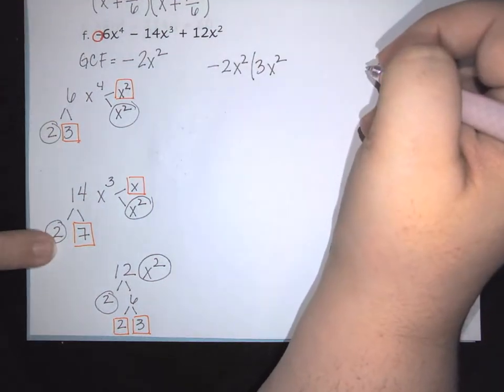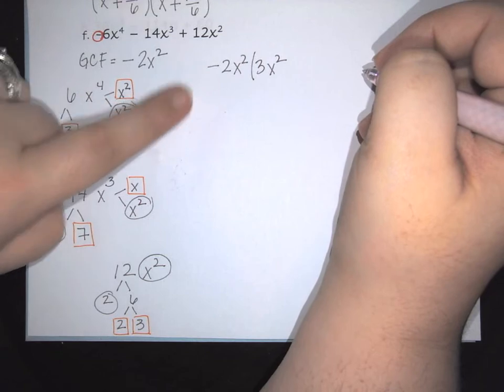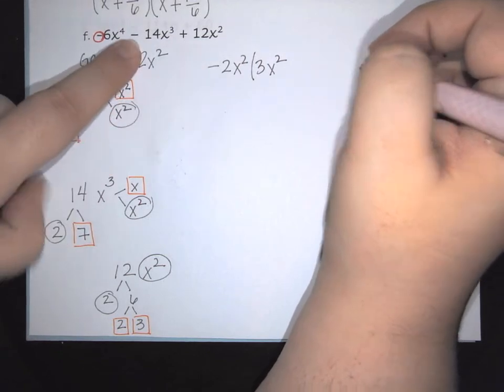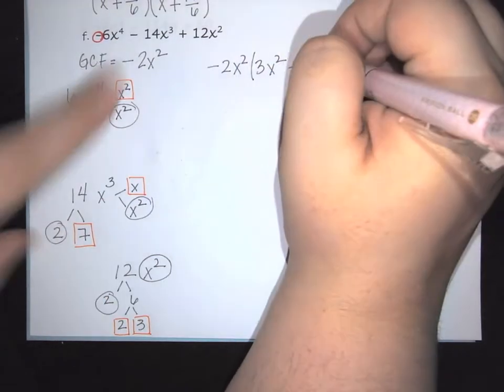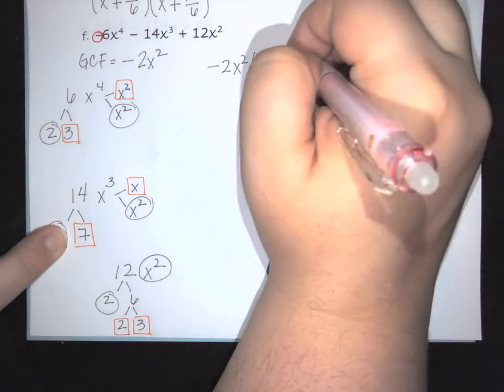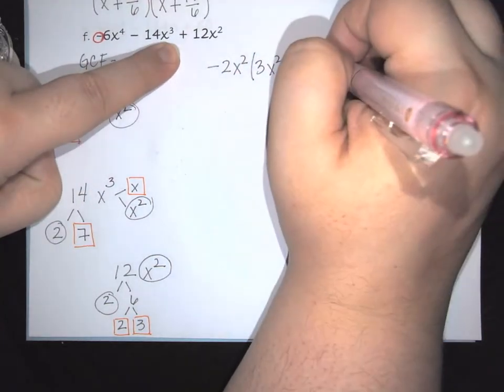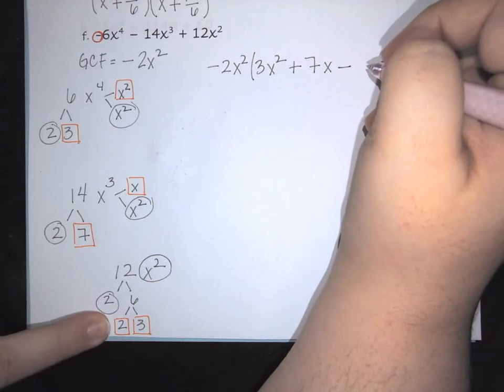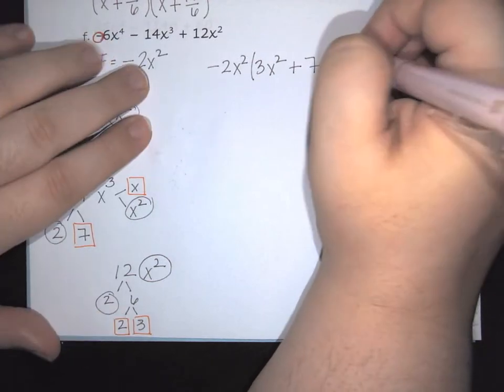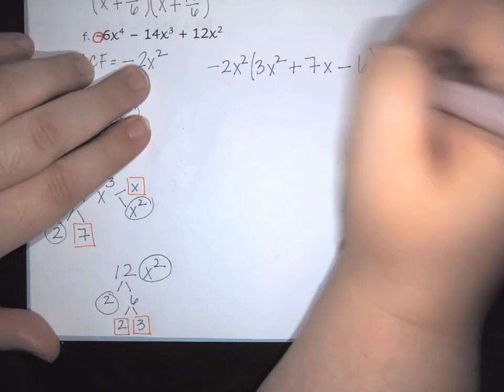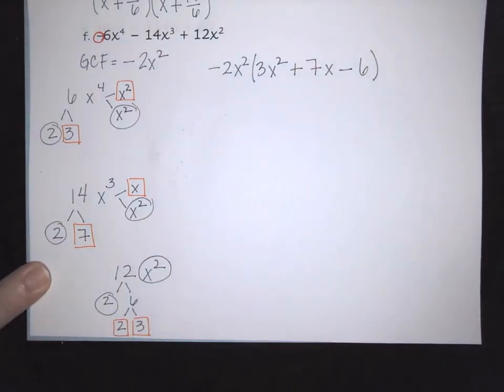Then for my second term, I have a 7. Since I pulled the negative out, my sign here becomes positive. I have a 7 left over, so this is 7x. My back term becomes negative. I have 3 times 2, which is 6, and there's no variable because I pulled all of it out.